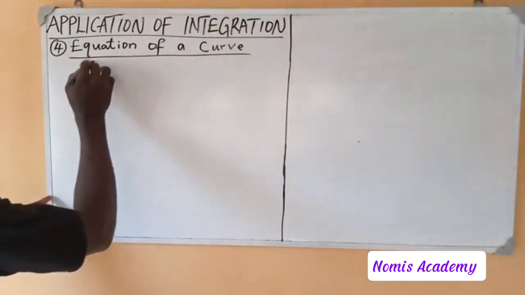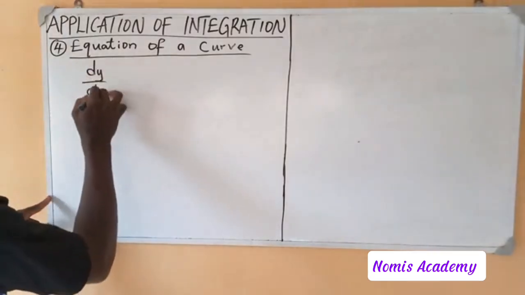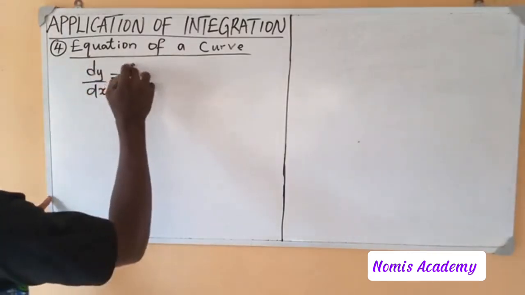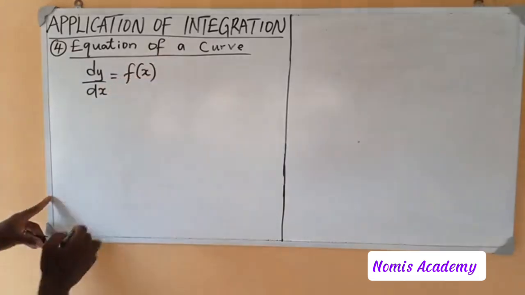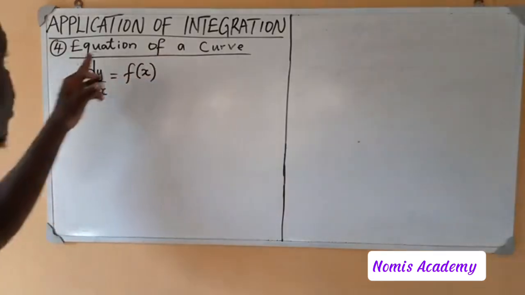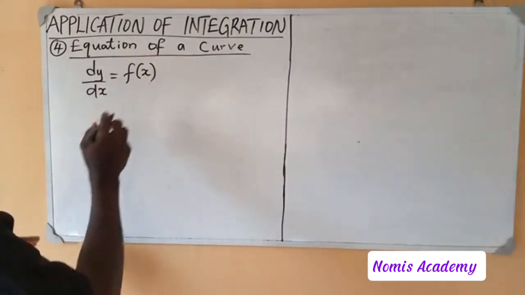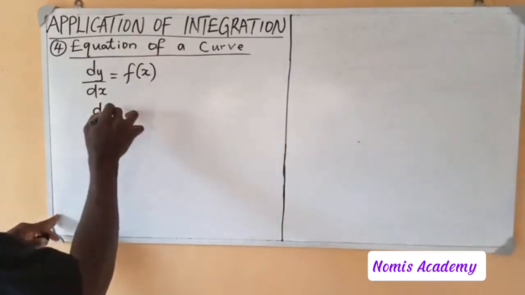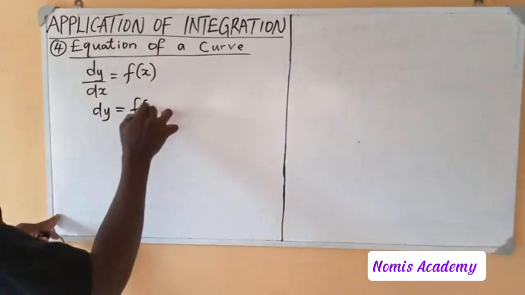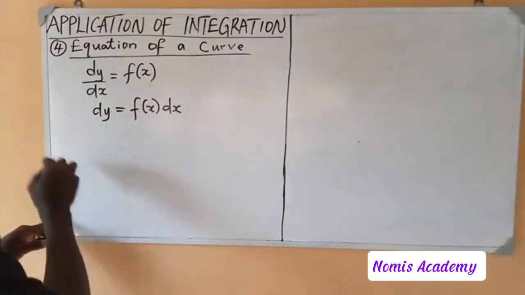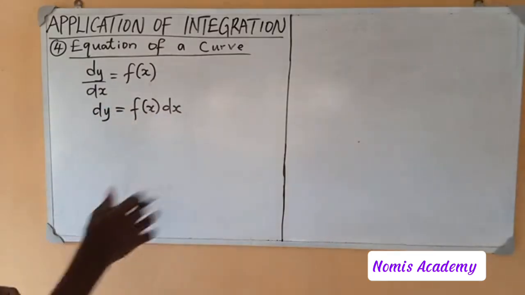When we have dy/dx, which is a function of x, and we are expected to find the equation of that particular curve, when we cross multiply we have dy equal to f of x dx. Now integrate throughout.